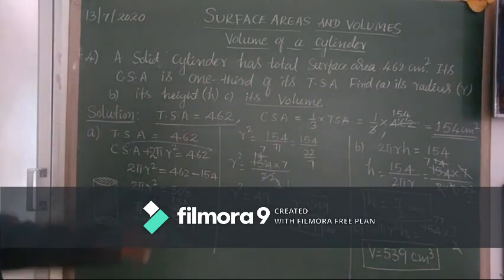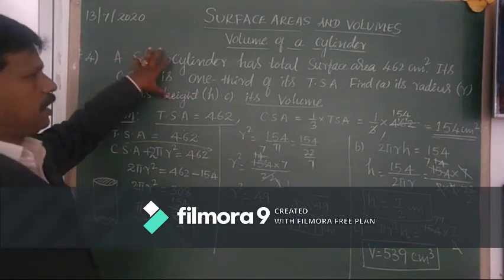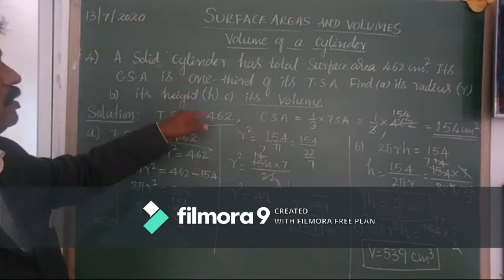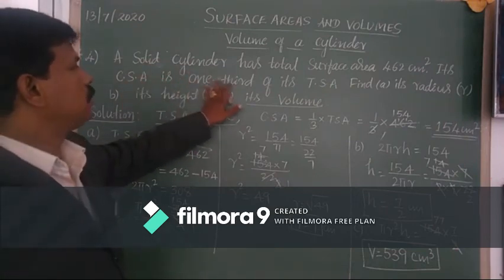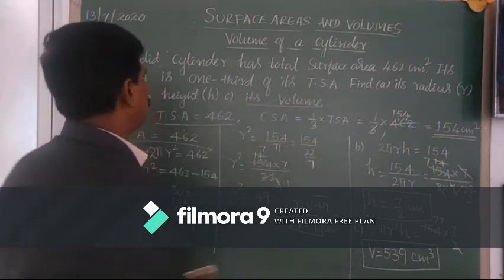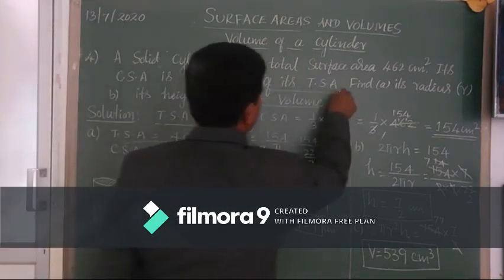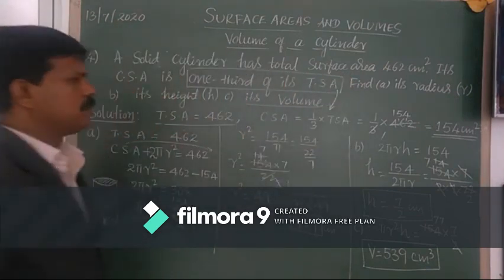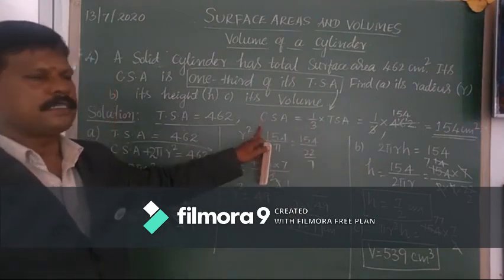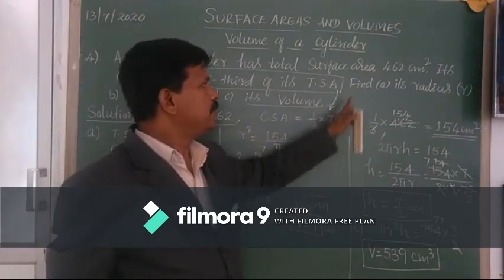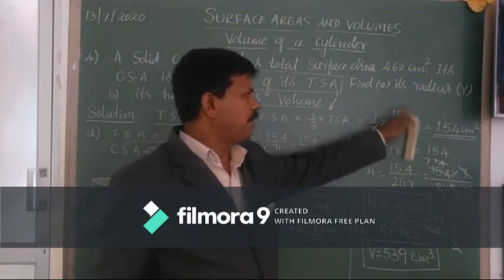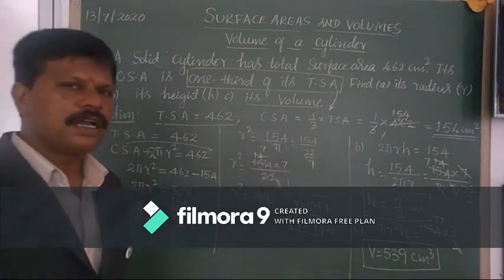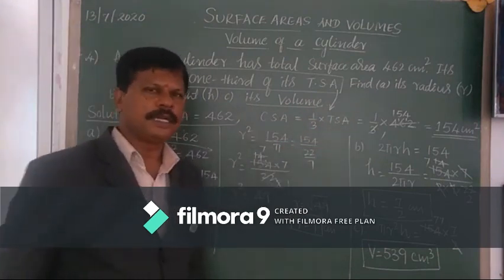Understood? Look once again at what they have given. They have given the total surface area, and also that the curved surface area is 1/3 of its total surface area. I have written 1/3 of TSA like this. 1/3 of TSA, that is CSA. So 1/3 of 462 is given, and simplifying you will get 154. It means that the curved surface area is 154 square centimeter.